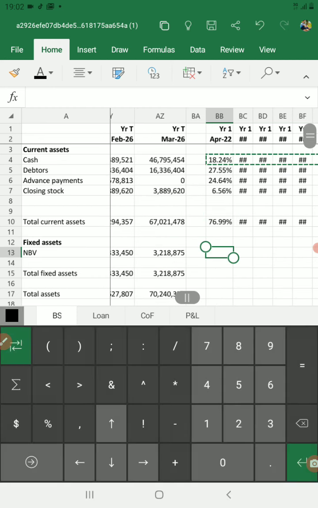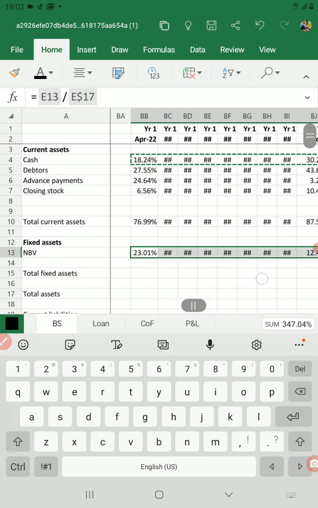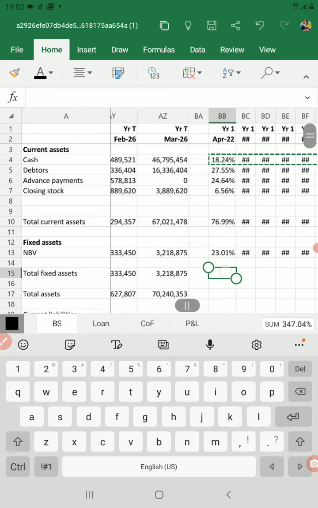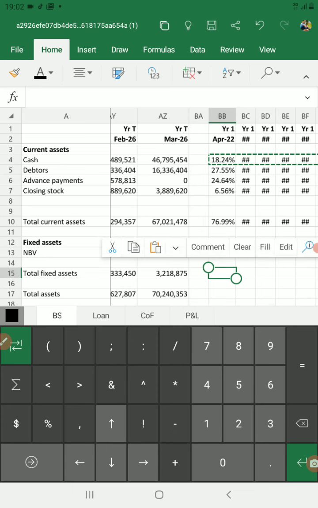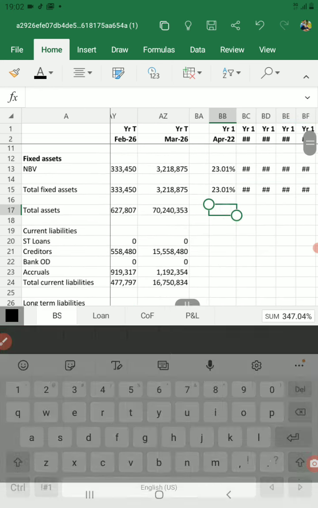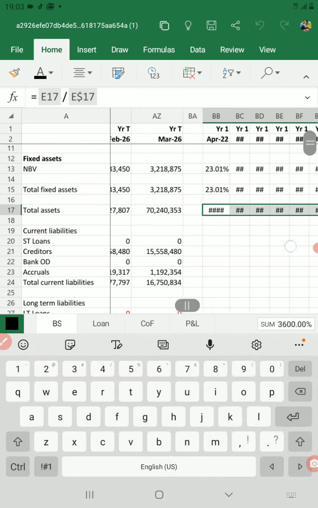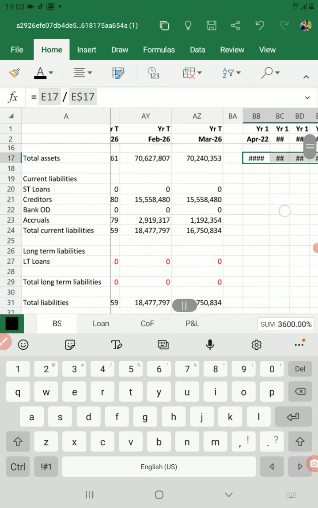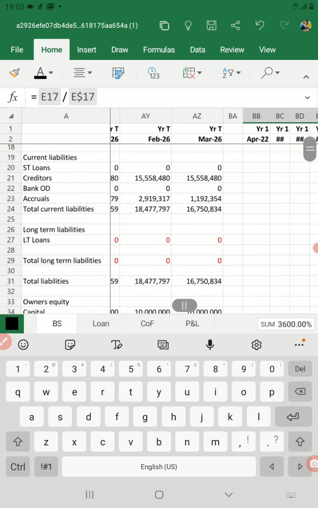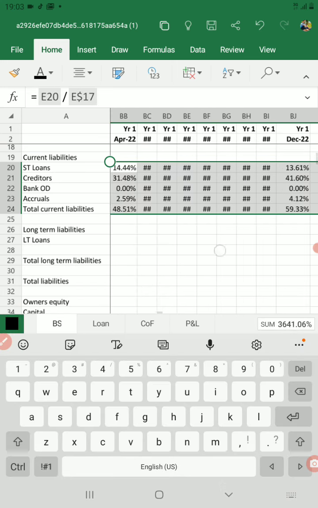Come here, tap and paste. Come here, tap and paste. Come here, tap and paste. Come here, tap and paste. Come here, select all these up to total current liabilities, paste.